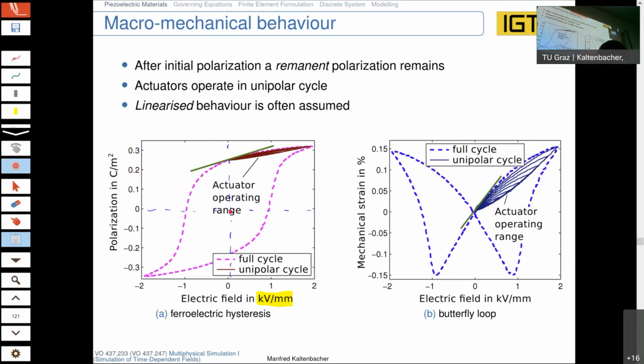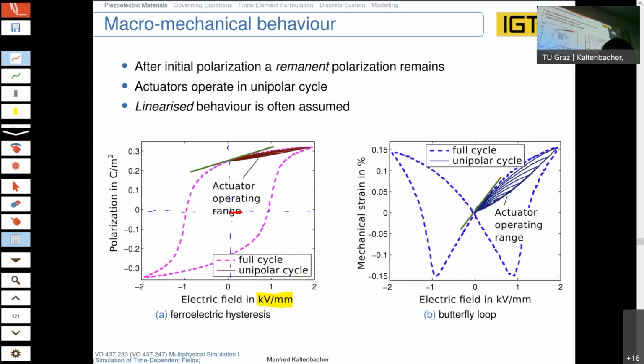So when we now apply it, what actually happens at the beginning is nothing. That means you need some threshold of your electric field, put on this axis, until really the first dipoles will switch towards the outer electric field.